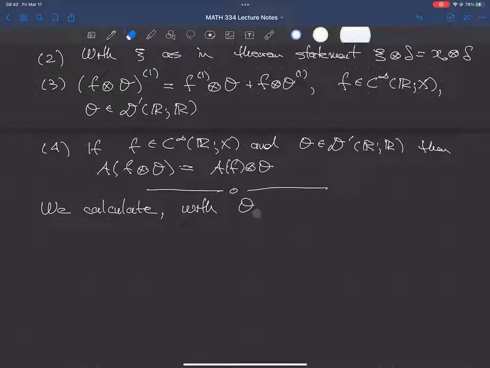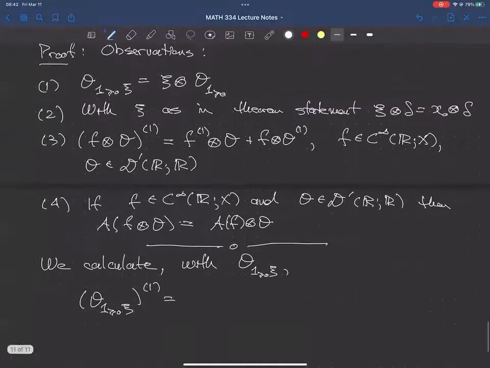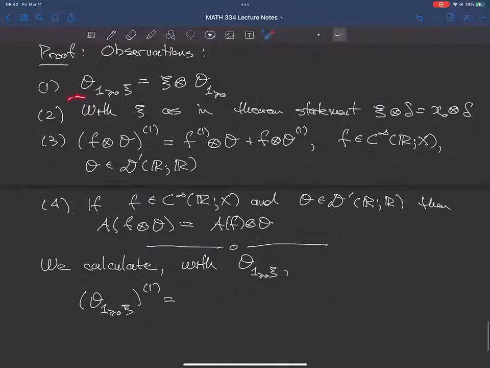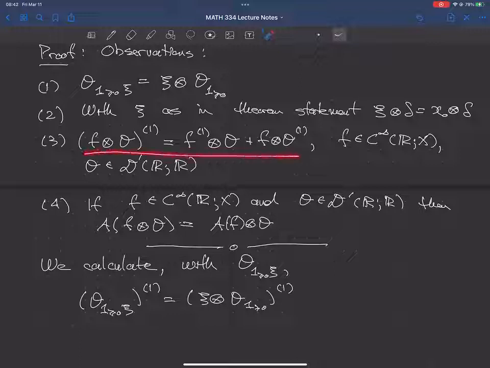So that means that this is theta 1 greater than or equal to 0, C, first derivative. Okay, so now I use my statement 1. Okay, then I use the product rule.